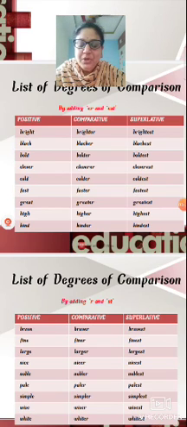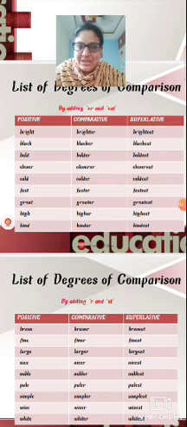This is the table showing the link between the positive, comparative and superlative. Whatever word you take in the positive comes in the comparative, and we add to it in the superlative, but the word changes.